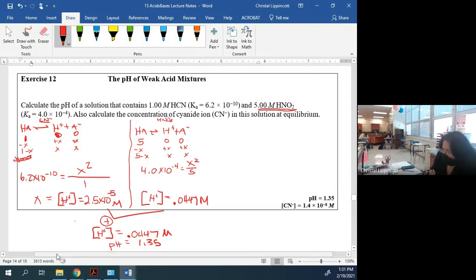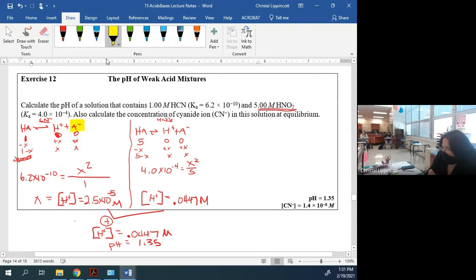So then, if we want to figure out our concentration of cyanide here, remember, when we put this together, our cyanide ended up being this one right here.